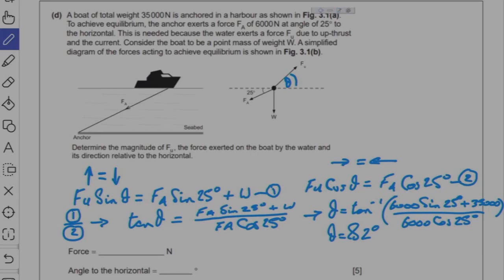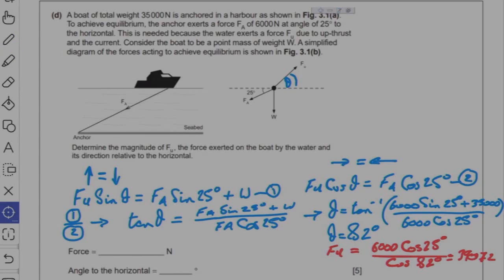Now we need to put that back through one of the equations in order to get our answer for Fu. Put it back through the cos one, probably the easiest. Again, if we put that through the calculator, we should get a value for Fu. So if you use those values, you get 39072, which doesn't quite agree with the mark scheme, but it'll obviously depend on how much of the accuracy of this value we rounded.